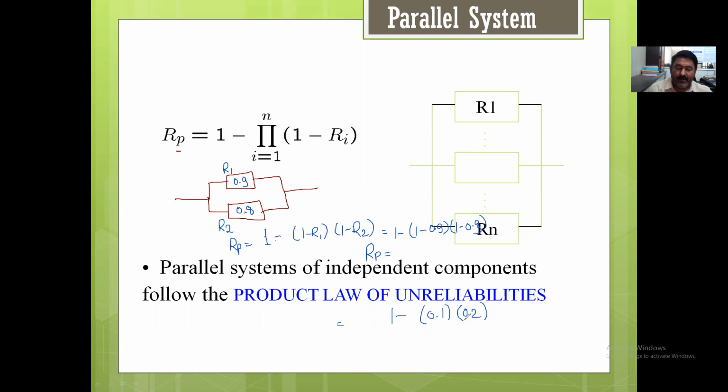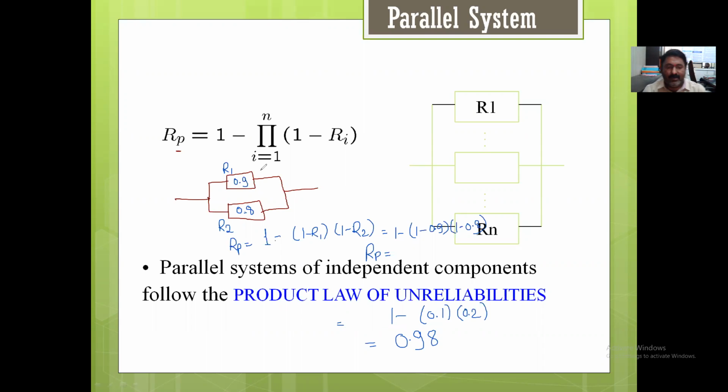So 0.1 into 0.2, and again subtracting it from 1, what answer will you get, friends? 0.98. Okay, getting the answer. Very simple, in this way you can proceed further.